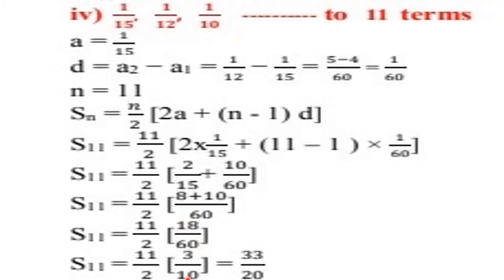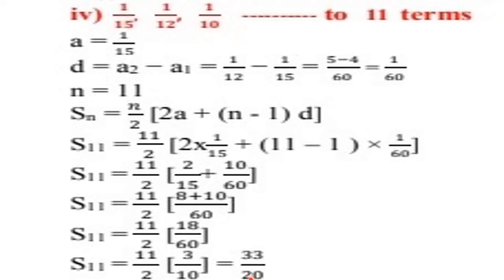So 3 by 10. When you multiply 11 into 3 in the numerator you get 33, and 2 into 10 in the denominator you get 20. So S11 will be 33 by 20. Whatever simplification method you follow, ultimately you will end with this answer only, that is 33 by 20. Further, you cannot simplify.